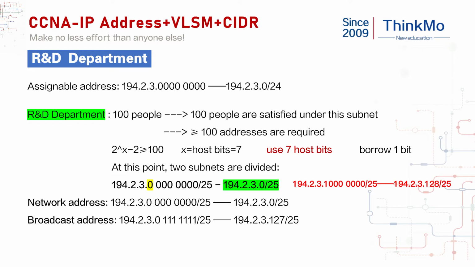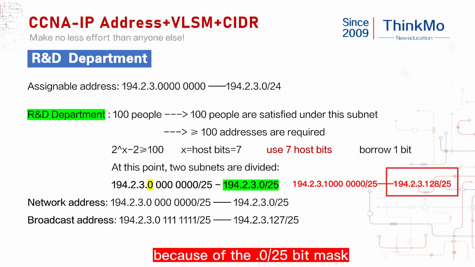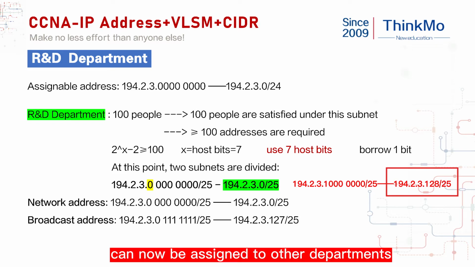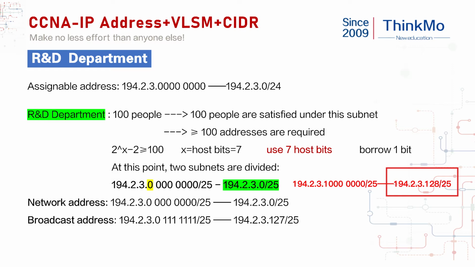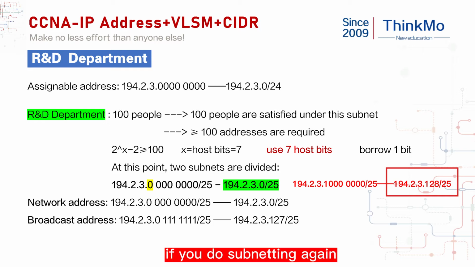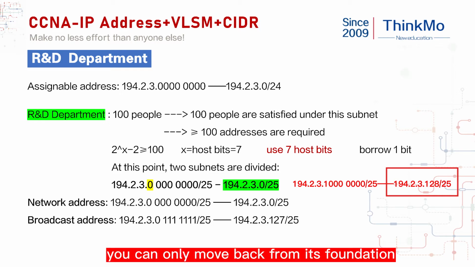Okay. There's only one address block left, because the 0.0 25-bit mask is already used by others, and what can now be assigned to other departments is all that's left. In the future, when we calculate, if you do subnetting again, you can only move back from its foundation.